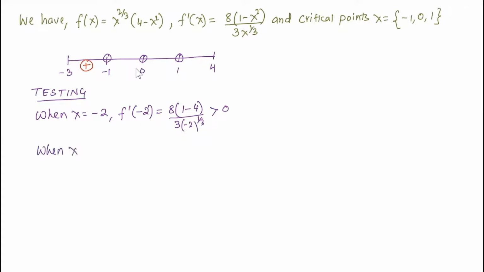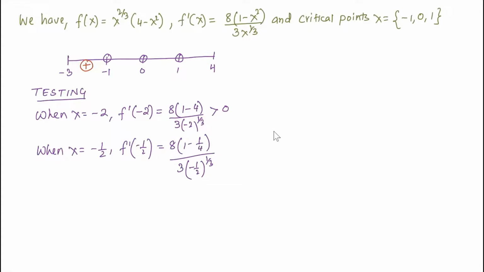When x equal to -1/2, the first derivative at -1/2 is equal to 8 times, let's plug in -1/2, so 1 minus -1/2 squared is 1/4, and then 3 times -1/2 raised to 1/3. Now if you look at it carefully, in the numerator, 1 minus 1/4 is 3/4, which is positive, multiplied to 8.